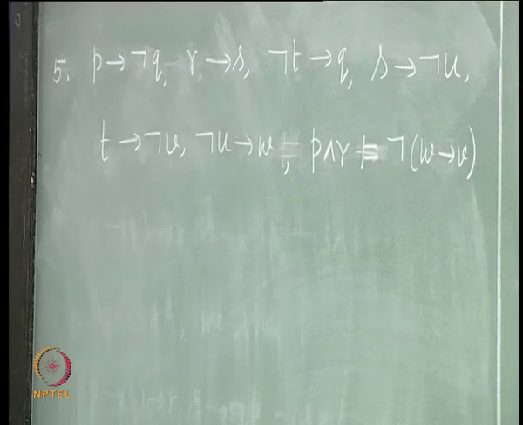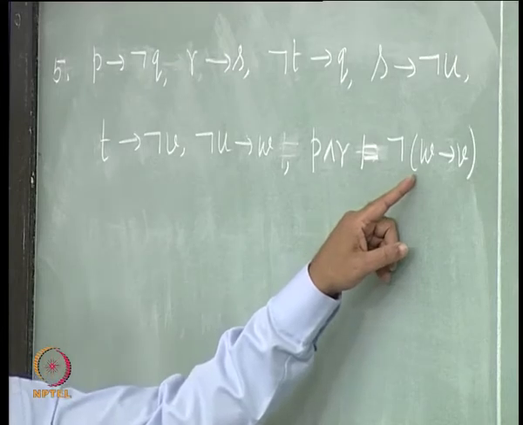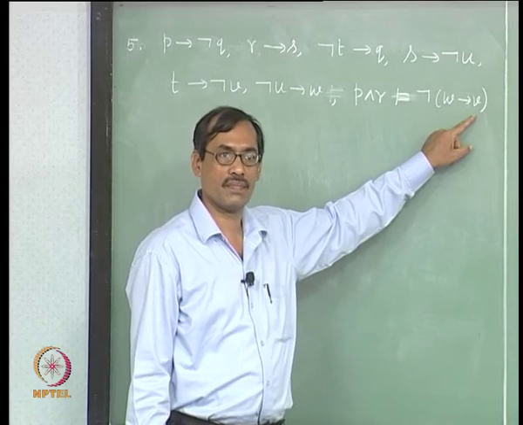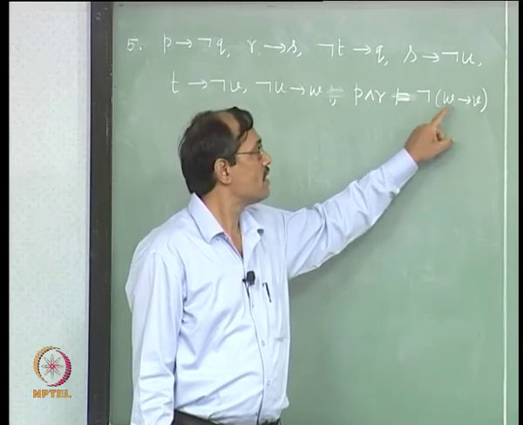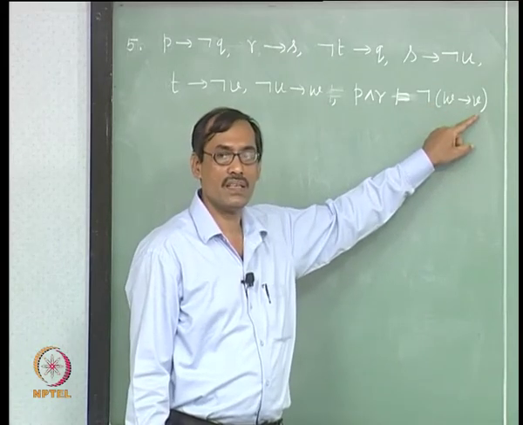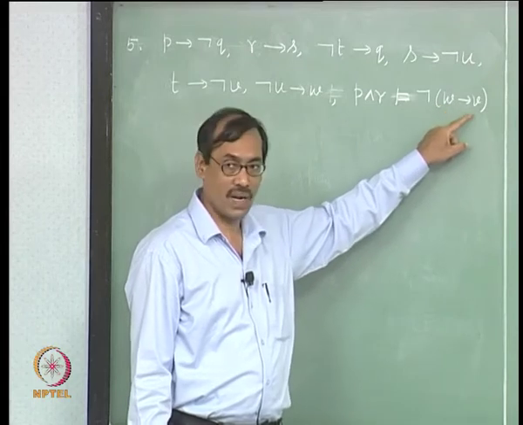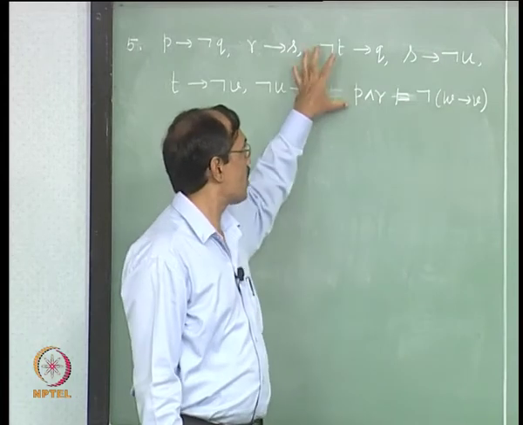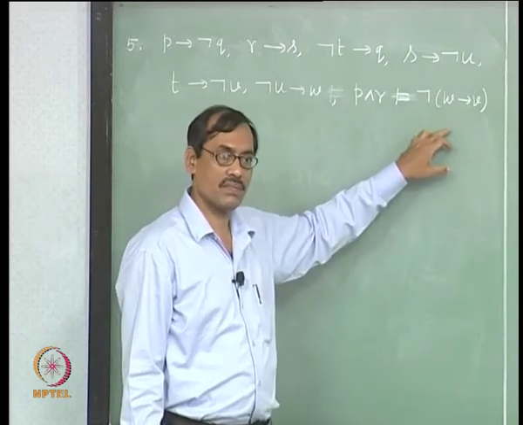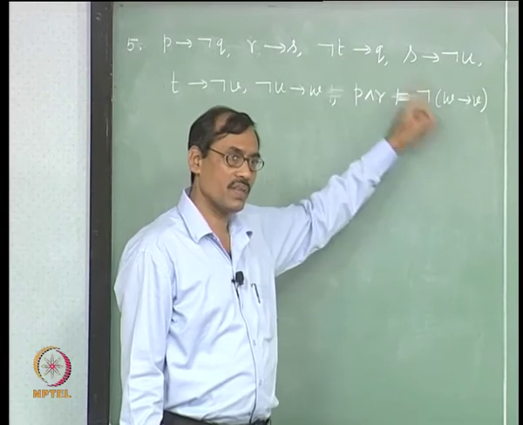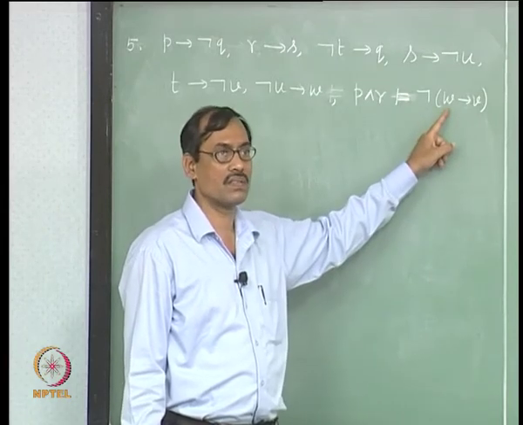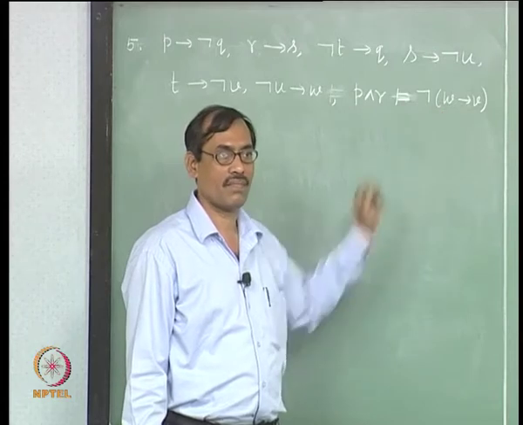When you are making the strategy, you look at the conclusion, it is in the form of not W implies V. There is one way: not of W implies V is equivalent to W and not V. So from all these premises you can infer W, you can also infer not V, then AND them together and conclude this.